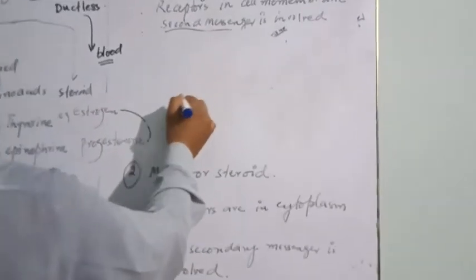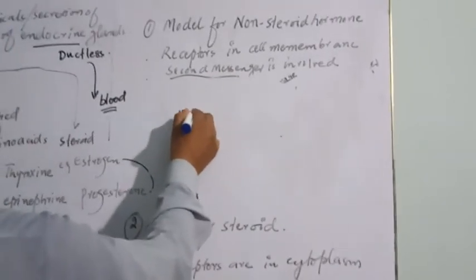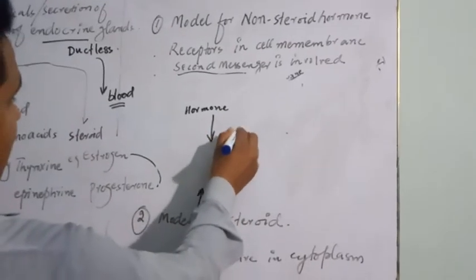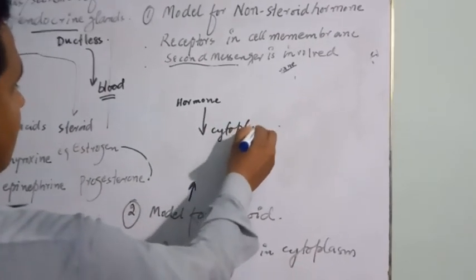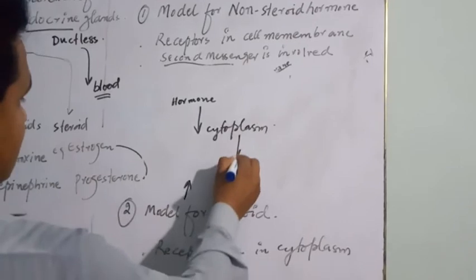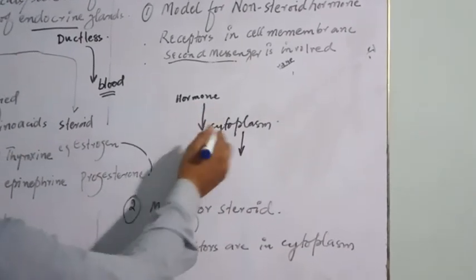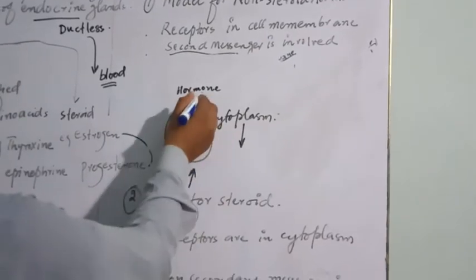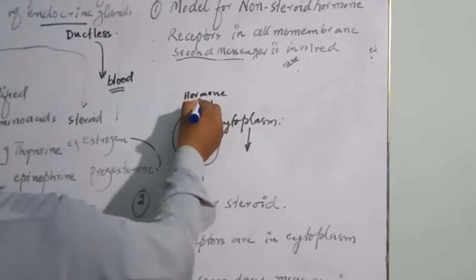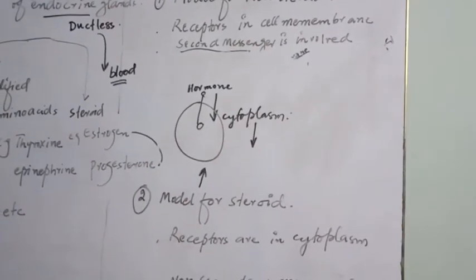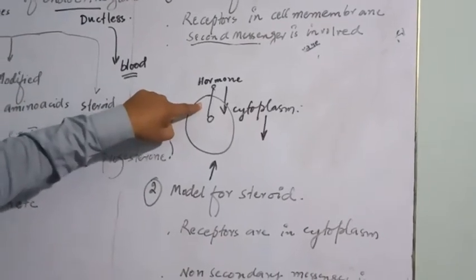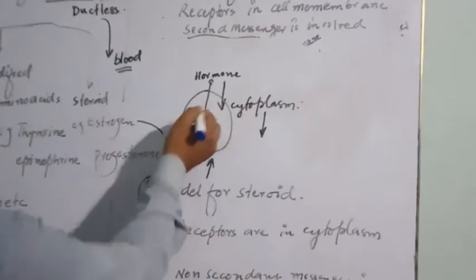This is the hormone. It enters into the cytoplasm. There are no receptors present in the cell membrane, but they are present in the cytoplasm. This is the receptor.